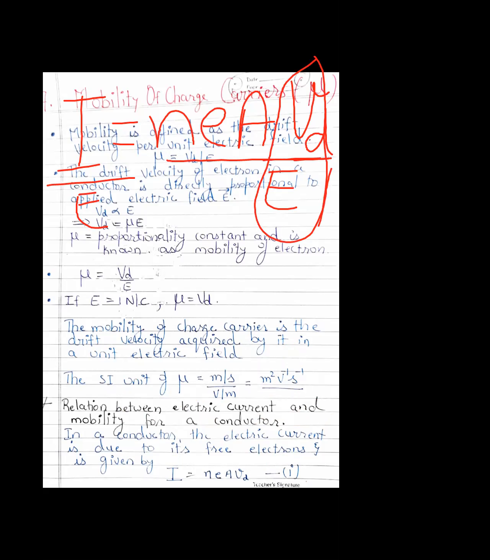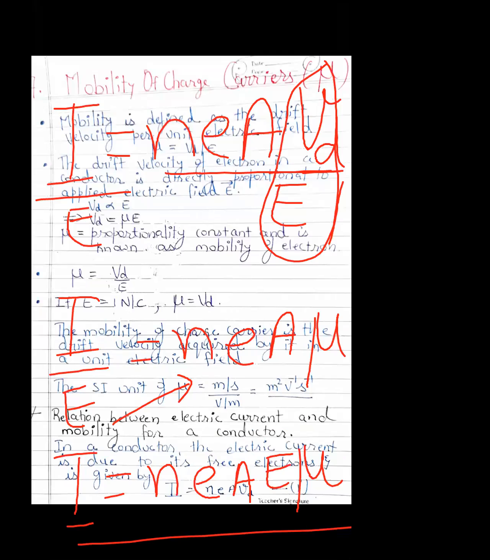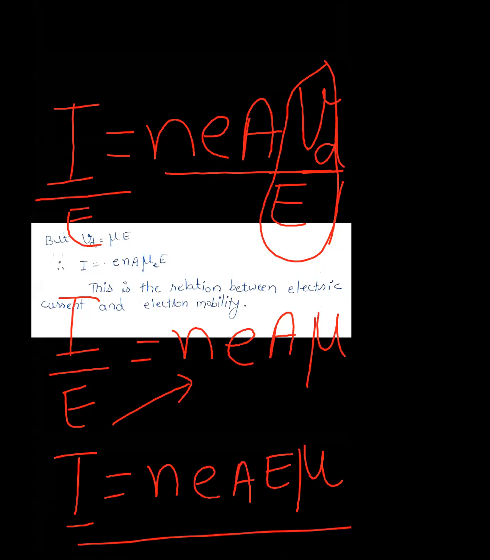So I by E equals to NEA mu. Now E can go to the other side, so I equals to NEA E mu. This is the relation between current I and mobility mu, right? You can see it over here.